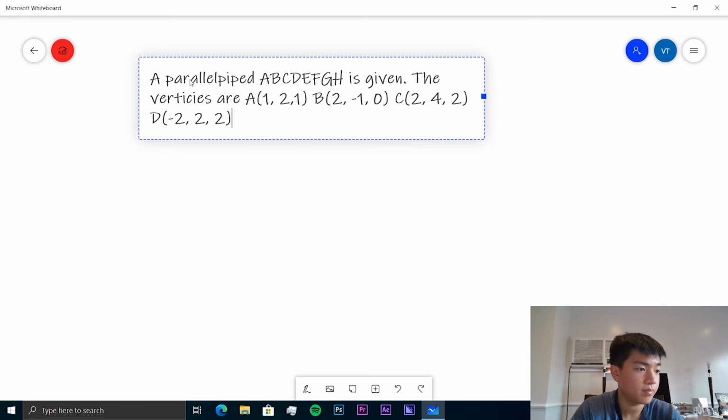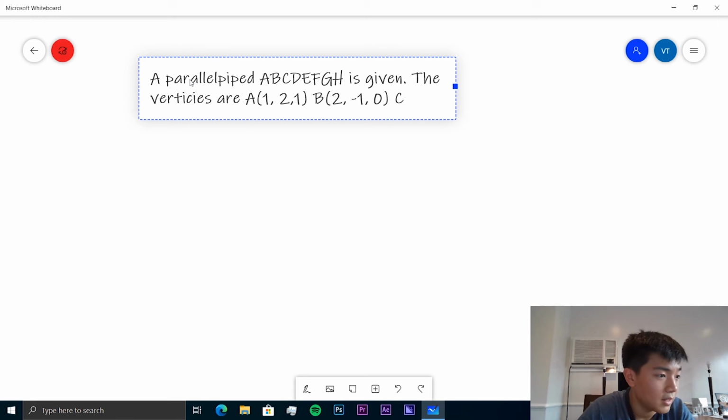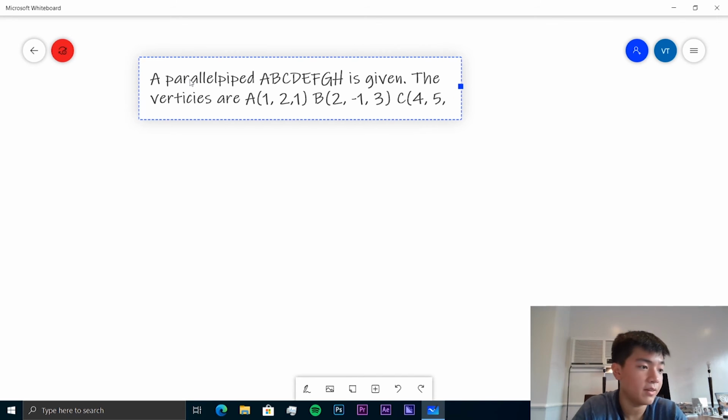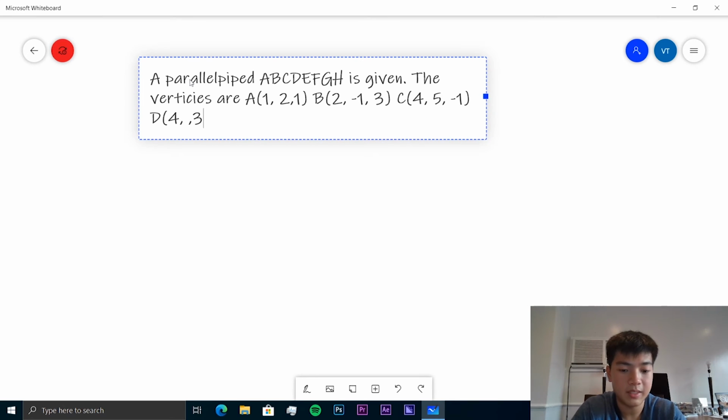Oh, sorry, no, that's not D, that's H. Where did I get that from? Oh, I wrote down the wrong coordinates. Negative 2, 2, negative 1, 3. That should be C is equal to 4, 5, negative 1, and H is equal to 4, 3, 6.